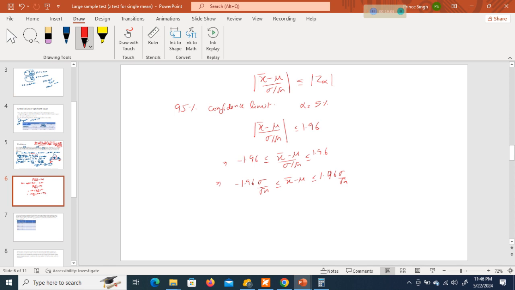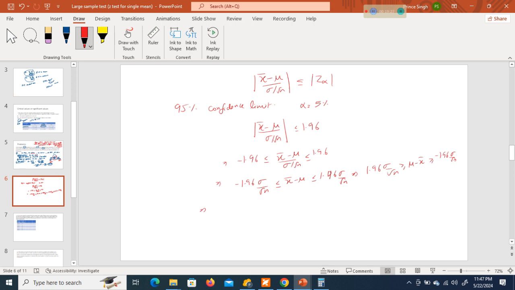Now multiply with the negative sign. When we multiply by a negative sign, the sign of inequality will change. 1.96 sigma upon square root of n greater than or equal to mu minus x bar greater than or equal to minus 1.96 sigma upon square root of n, and now adding x bar.